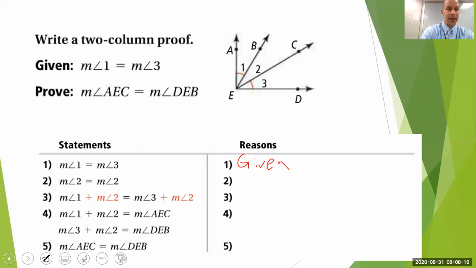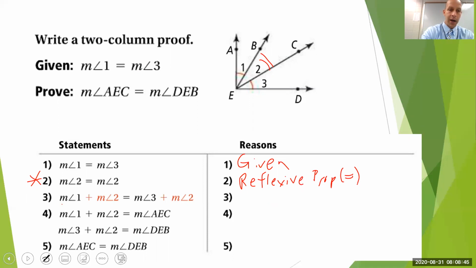Now, here's that one I said is kind of weird, but it's actually super easy. The measure of angle 2, that's this guy here, is equal to the measure of angle 2. That's the reflexive property of equality. So now look what has happened here in statement 3.